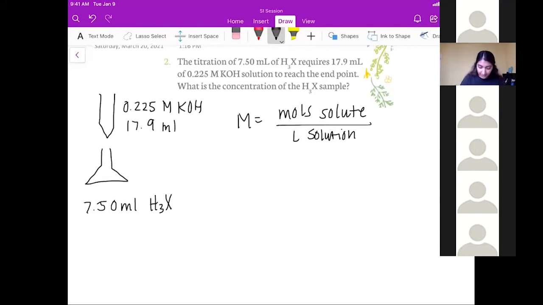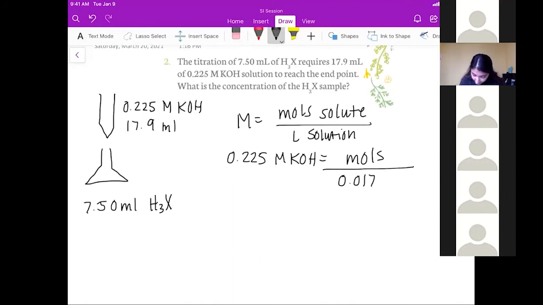Molarities and liters, yeah, correct. So we know that we have 0.225 molar KOH, unknown moles, so we'll just leave it as moles, and then liters of solution. So we have 17.9 milliliters. So what would that be converted into liters? 0.0179 liters.